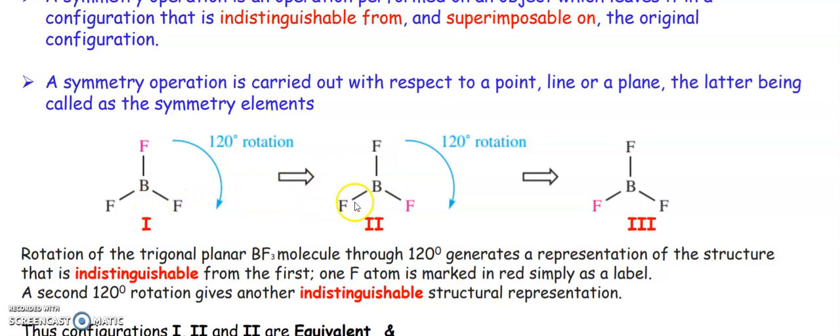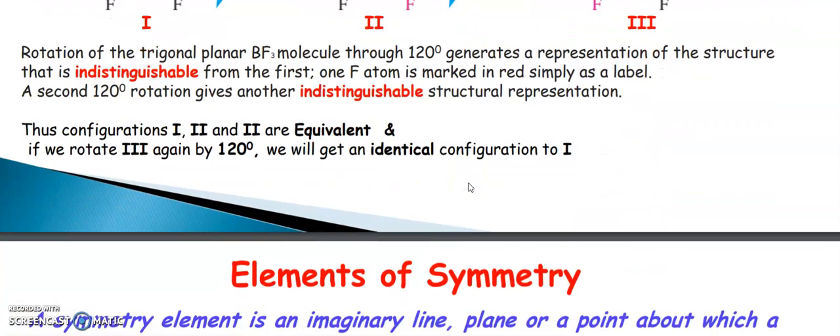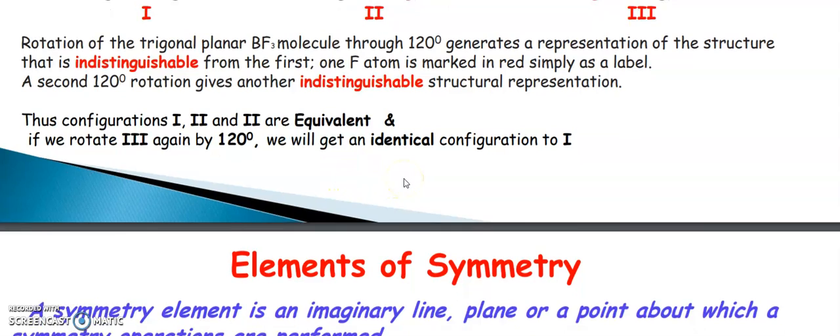One F atom is marked in red simply as a label, and a second 120 degree rotation gives another indistinguishable structure representation. Now, the configurations 1, 2 and 3 are equivalent, and if you rotate the third again by 120 degrees, we will get a configuration identical to 1.